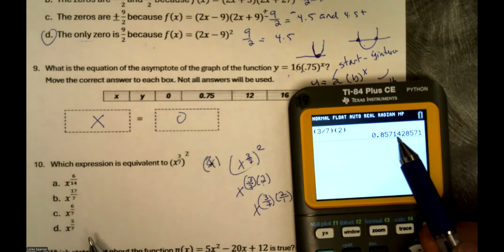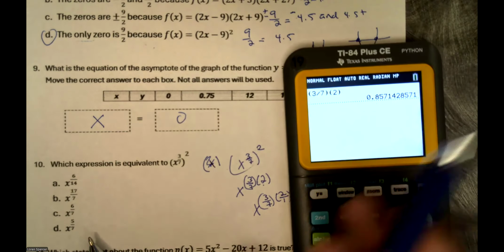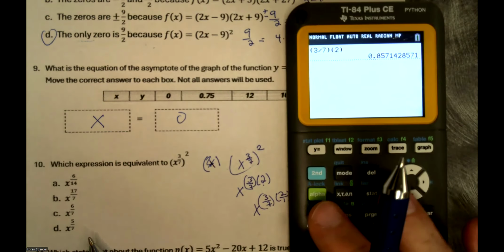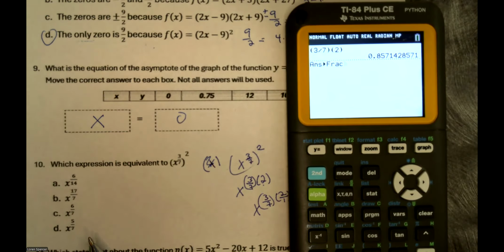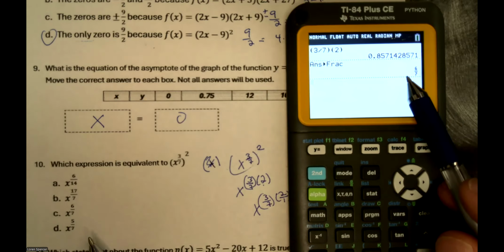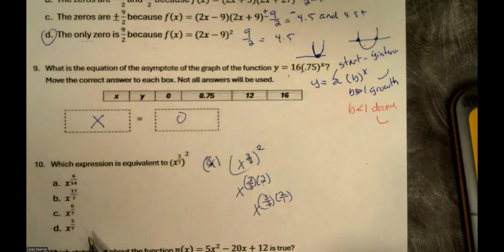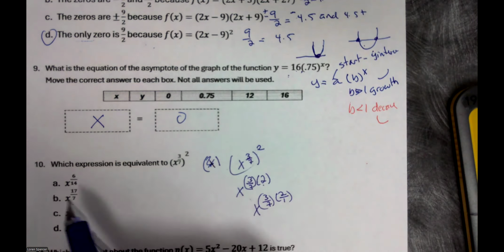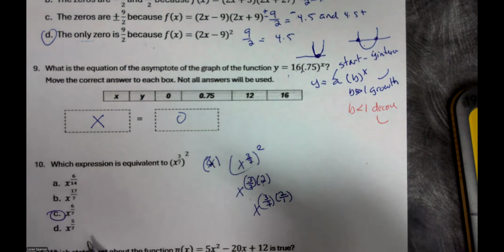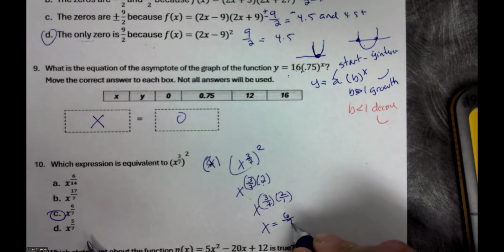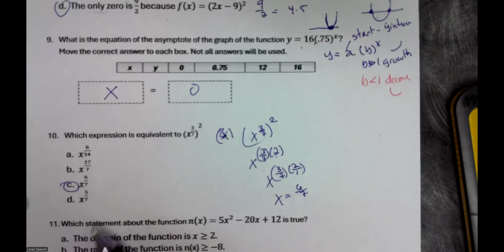And I get this ugly decimal, which doesn't help me out with the answer choices. But if I turn it into a fraction, which the calculator will do for us, it'll give us 6/7. So all I did was multiply, and so my answer choice is C, 6/7. 3 times 2 is 6, 7 times 1 is 7.